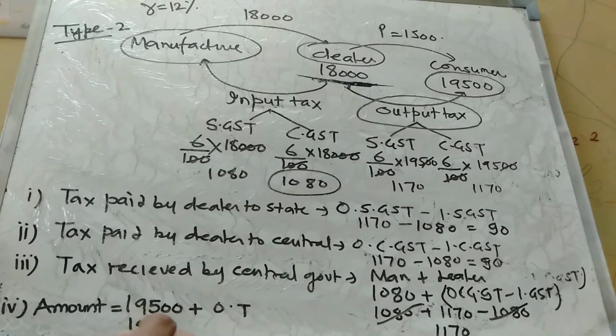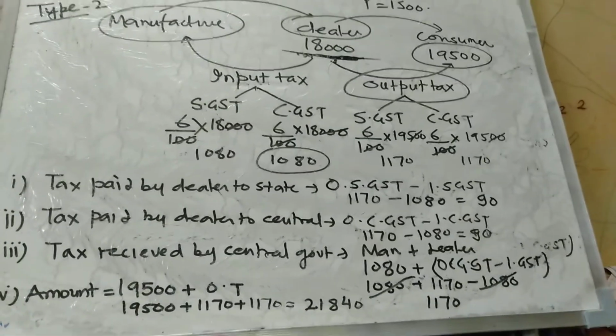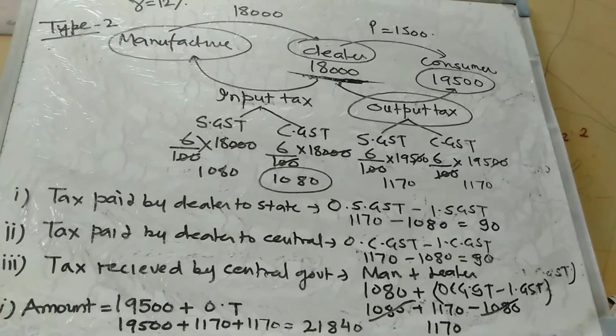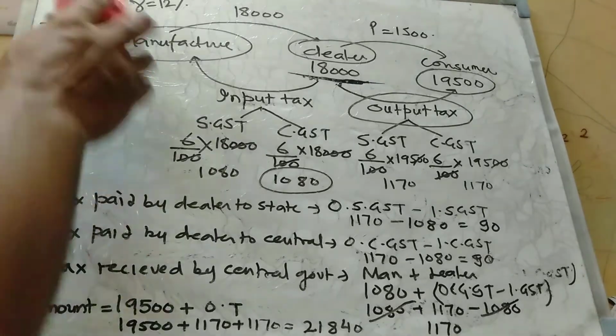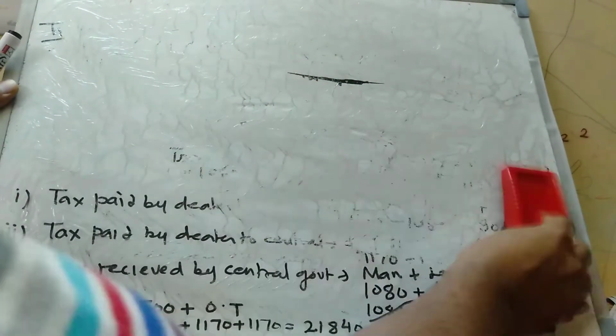So 19500 plus 1170 plus 1170 equals 21840. So this would be the amount paid by the consumer. So these are the 4 parts which we have to find out in type 2 questions, right? Now move on to another question of type 2.